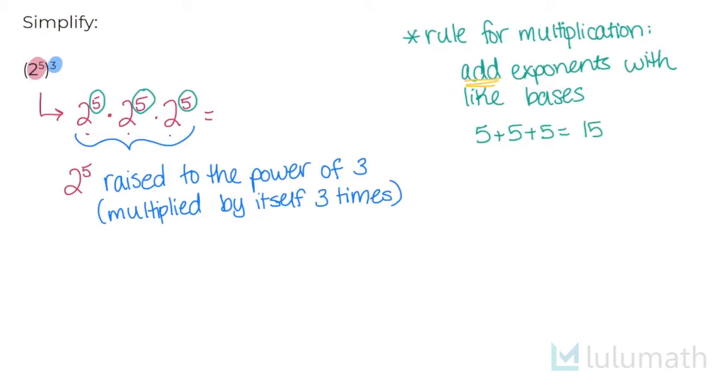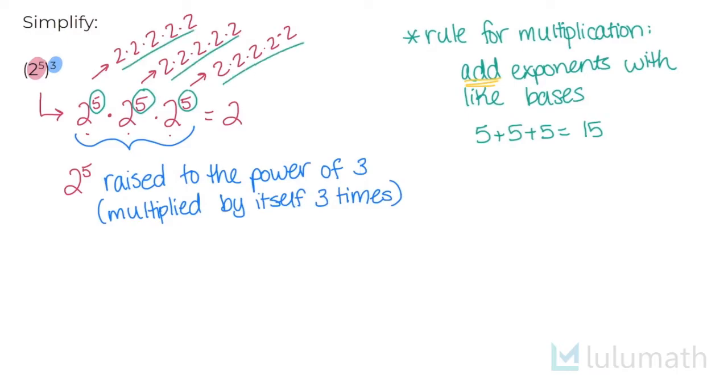Don't forget that your base stays the same, because essentially you can see here we have 5, 5, and 5 more sets of 2, but they're all sets of 2, so our base will still be 2. So my answer here would be 2 to the power of 15.